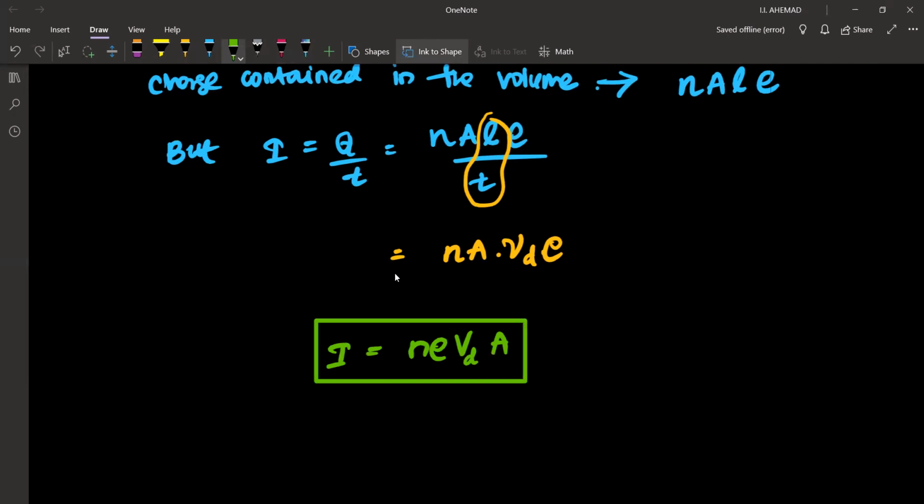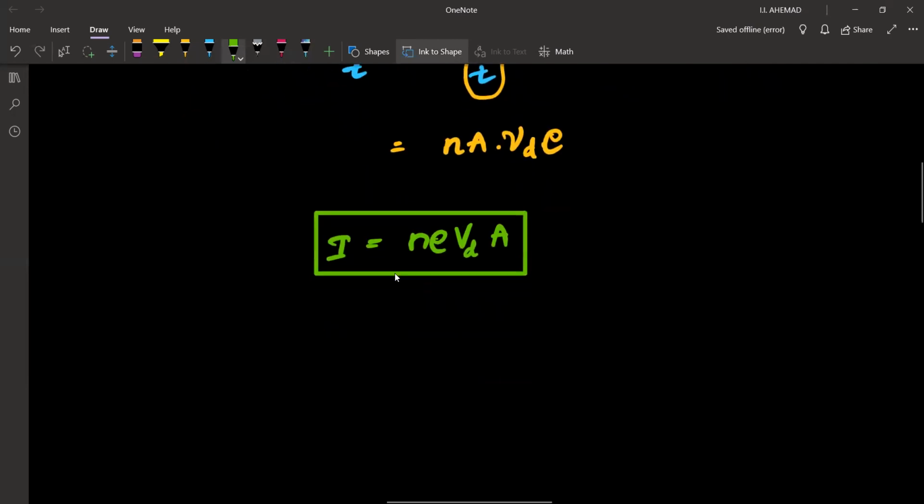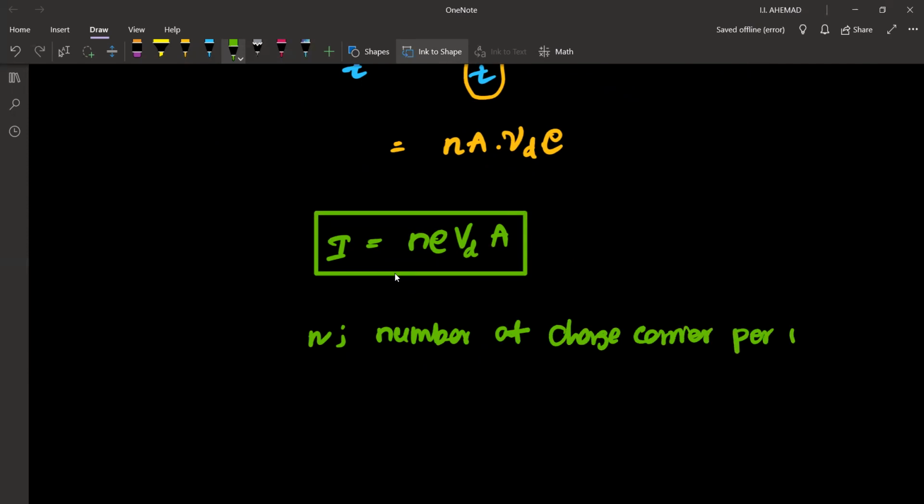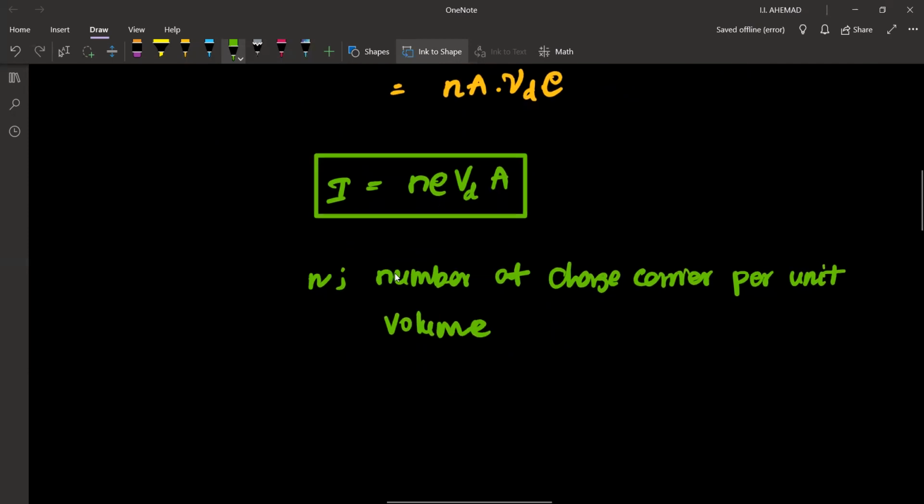So here, what is N? N is the number of charge carriers per unit volume. E is the charge of an electron.